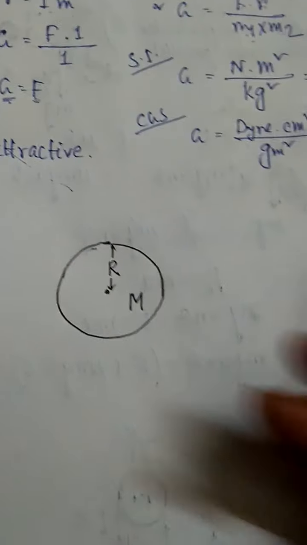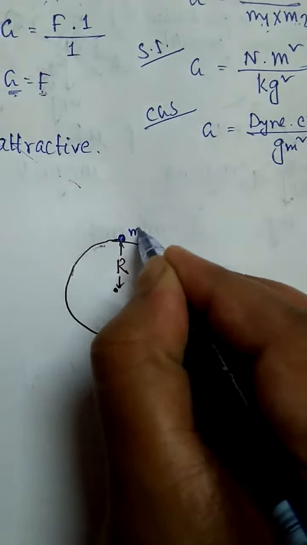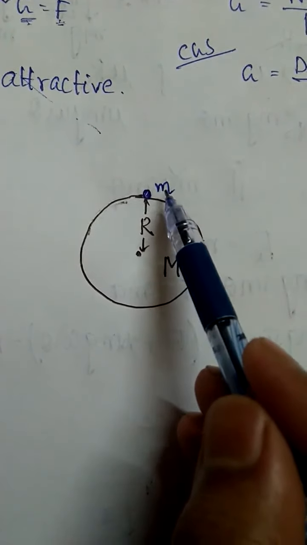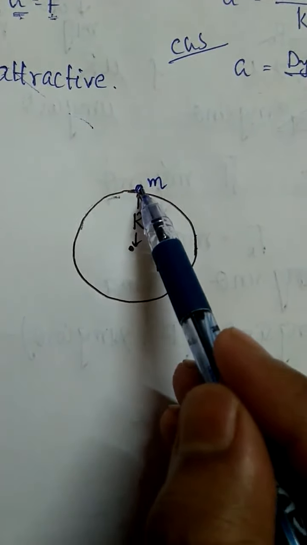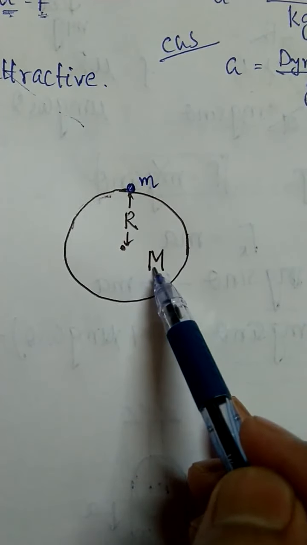Let's say an object of mass small m is situated on the surface of the earth. Now what is the force of attraction between the mass m and the earth of mass capital M?